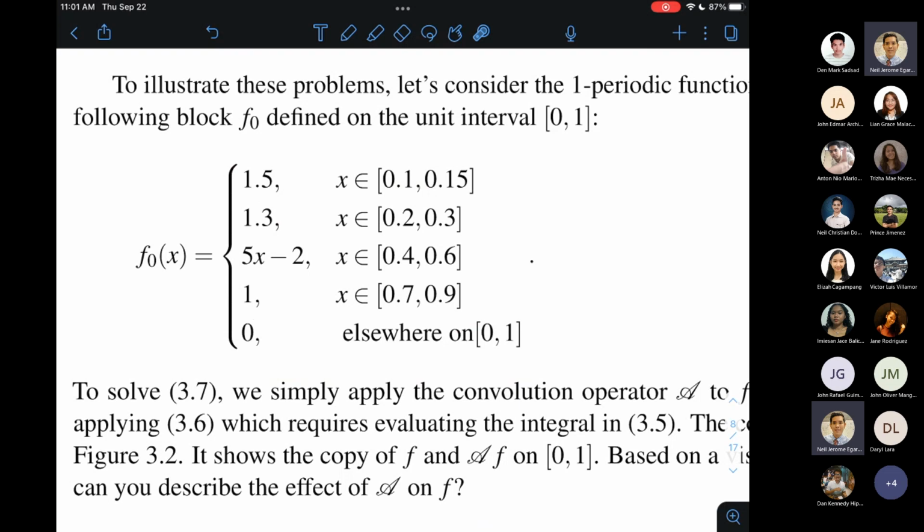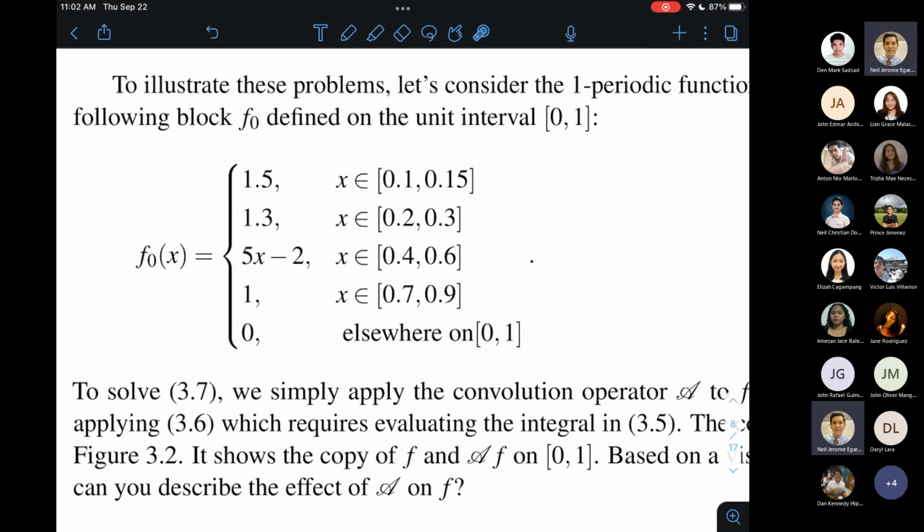Remember, we restrict what we consider to one-periodic functions. So I only need to see how f behaves on an interval of length 1. So in this example, I illustrate what f looks like on the interval 0 to 1. That happens to be the function f sub 0.